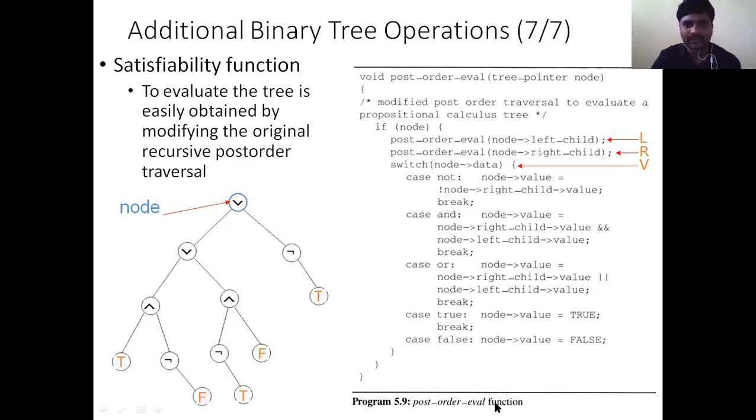The post order evaluation function calls post order evaluation on the node's left child, then on the right child, and a switch on the node's data is the visiting node function. So this is about the additional operations in a tree. Thank you.